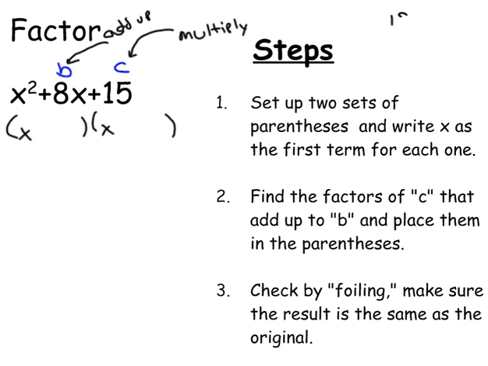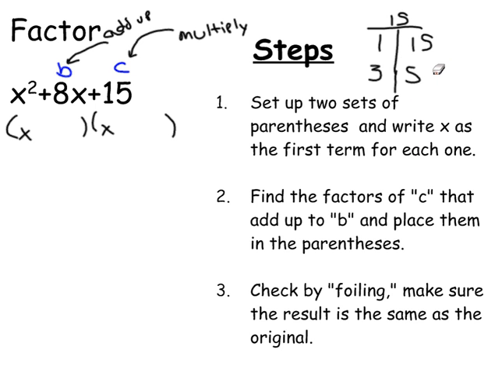So let's think of the numbers that multiply to 15. 1 times 15, or 15 times 1, same thing, so I don't have to write that over. And we got 3 and 5, or 5 times 3, which is the same as 3 times 5, so I don't have to write it twice.